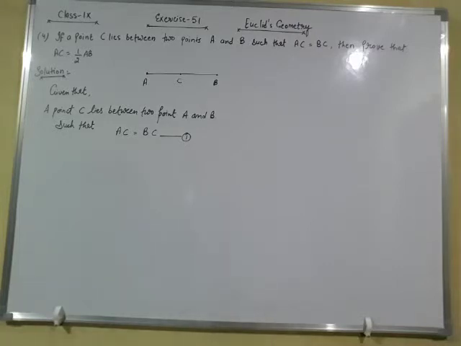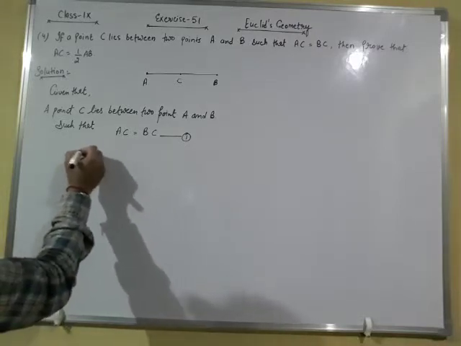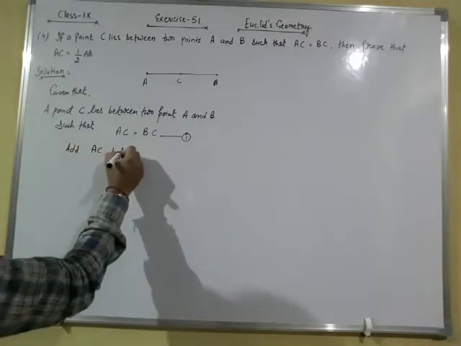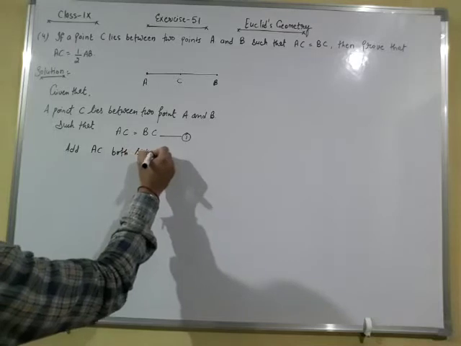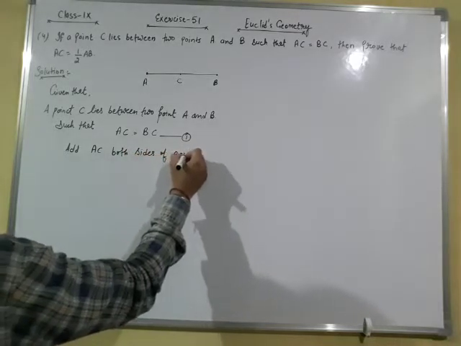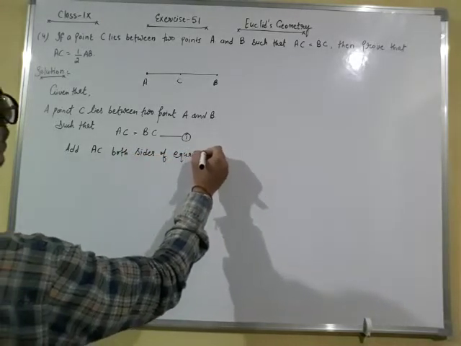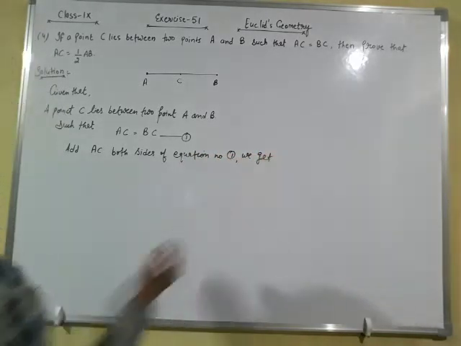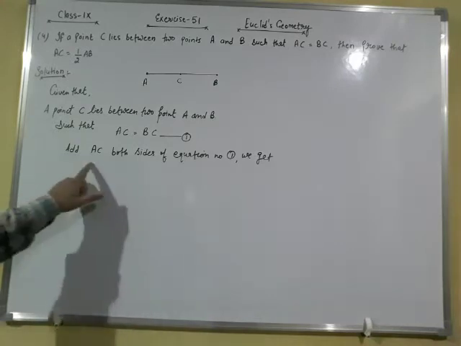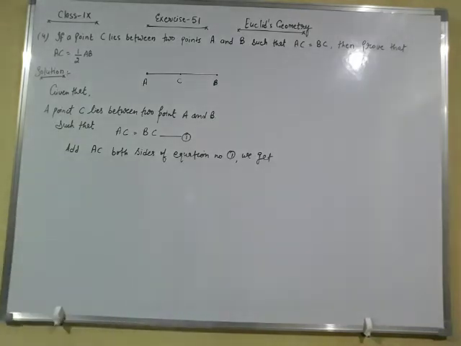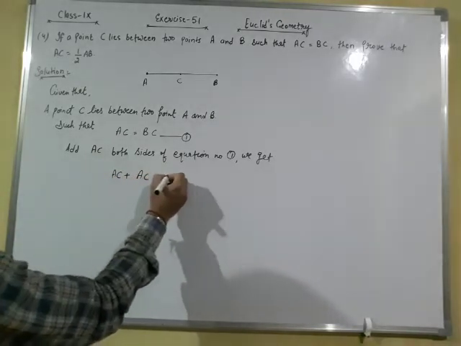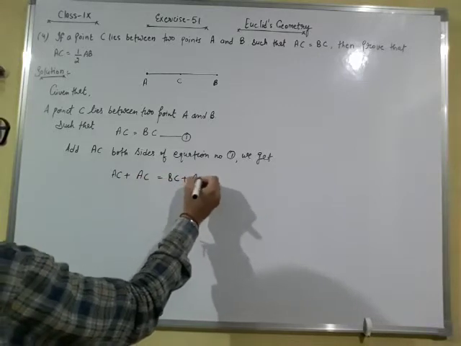So can we add AC both sides of equation number 1? We get, on adding AC both sides of equation 1, both sides means on left hand side as well as right hand side, AC plus AC is equals to BC plus AC.